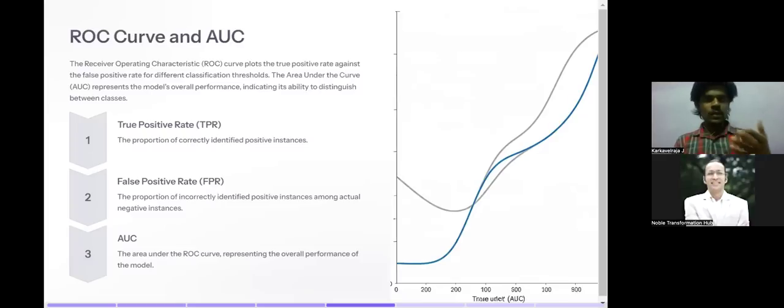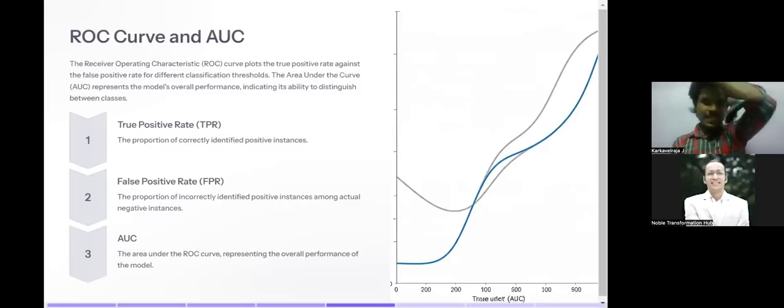That ratio is shown by this receiver operating characteristic curve, whereas the AUC, the area under the curve, represents the model's overall performance, indicating the ability to distinguish between the different classes that we have.